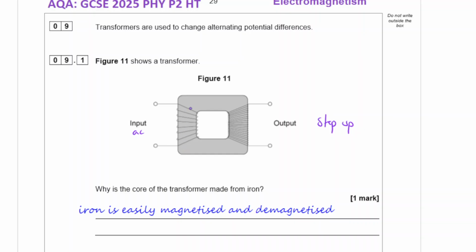As the magnetic field changes direction, this coil is also within that same magnetic field because the magnetic field passes along the iron core. Because this coil is in an alternating magnetic field, it will produce an alternating AC current on the output as well.